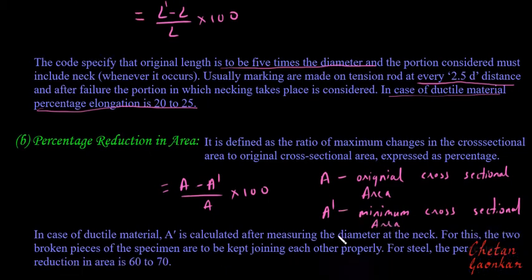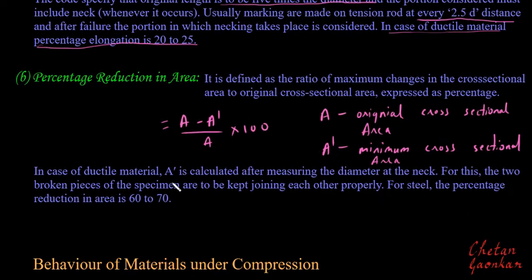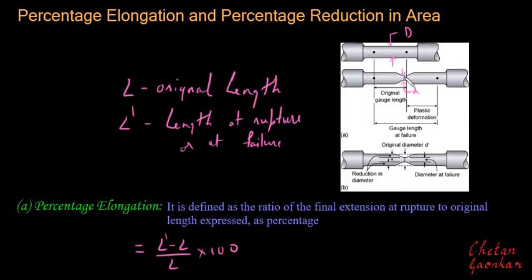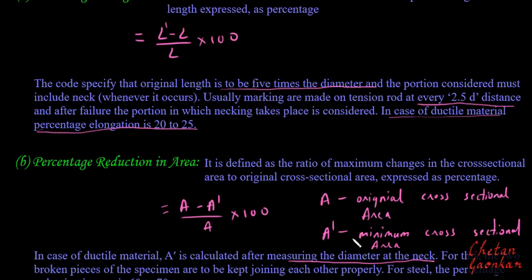This A dash will be calculated after measuring the diameter at the neck. So here at this neck position, once the rupture or failure occurs, we can join this specimen, and then the minimum diameter at the neck can be used to calculate A dash, the minimum cross sectional area.